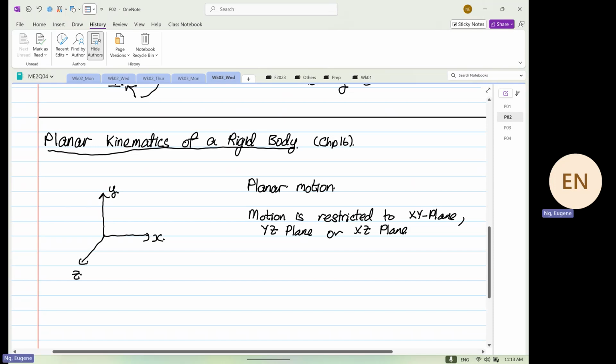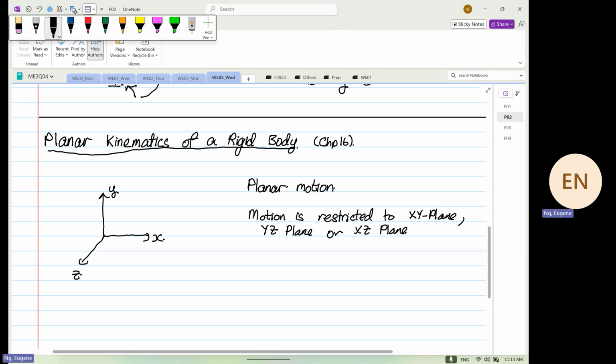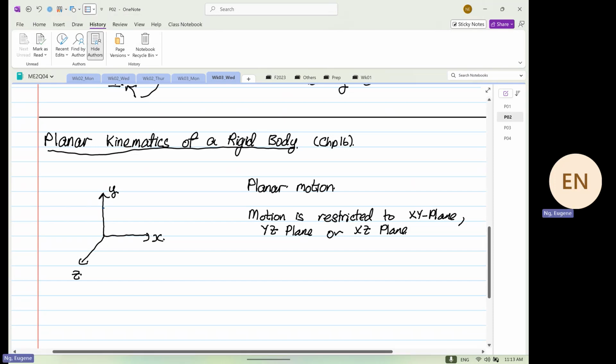So if I sketch over here, this is known as our XY plane.